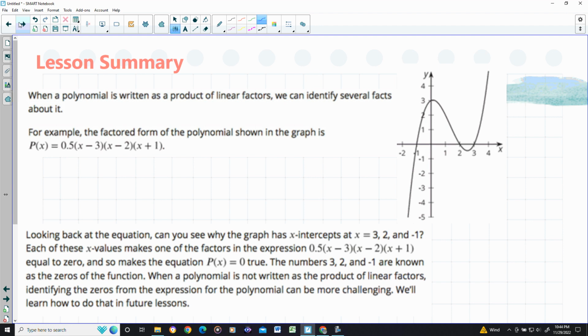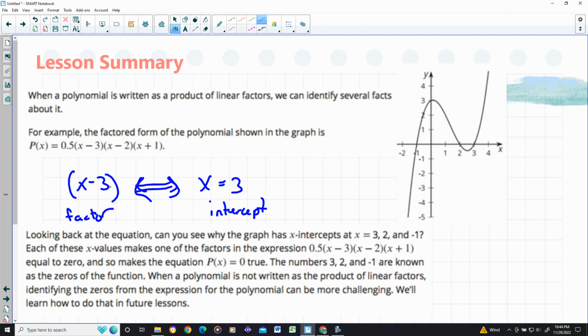If you have a factor of x minus 3 and you have a solution of x equals positive 3, that road goes both ways. Always. Doesn't matter about scale factors. Sometimes those are there, but they just change the general shape. But whatever factors you have, it will always cross the x-intercept at those points.